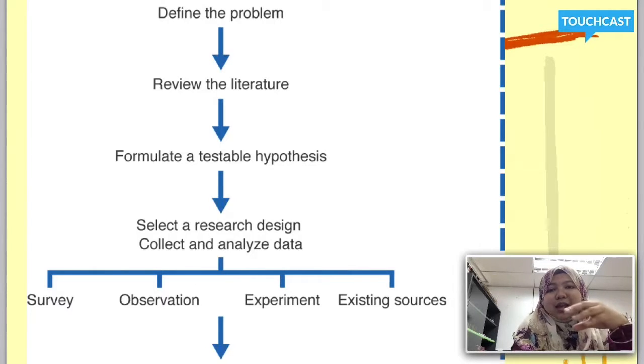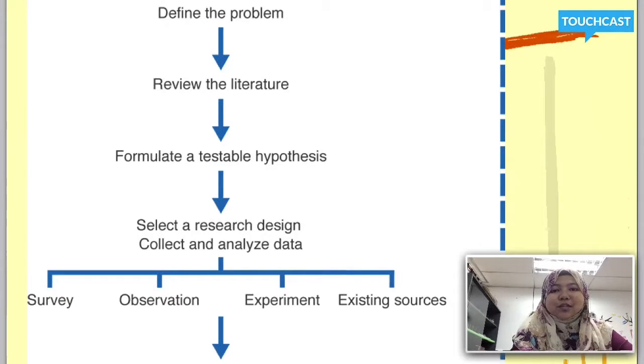So you say that teenagers are influenced by the culture of mat rempit because of their peer groups. Okay, this is one of your hypotheses. So you need to test your hypothesis by using a different research design, and also you need to analyze the data. So we have several research designs.